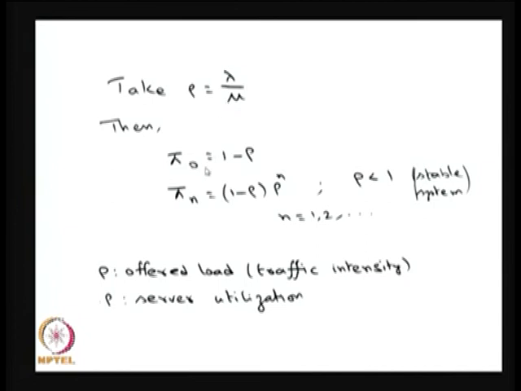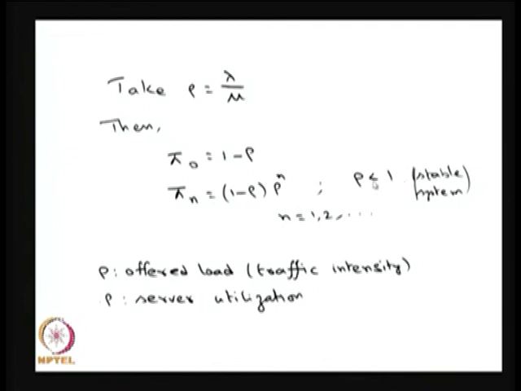Since I am relating this stochastic process with the birth-death process with infinite capacity, if you recall, the stationary distribution exists as long as the series in the denominator of pi naught converges. That will converge only if lambda by mu is less than 1.